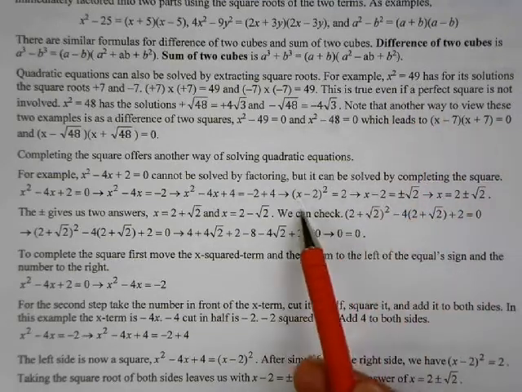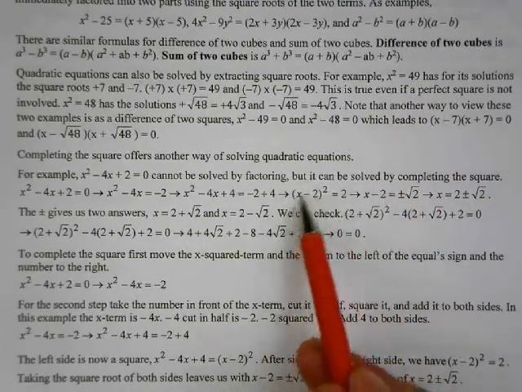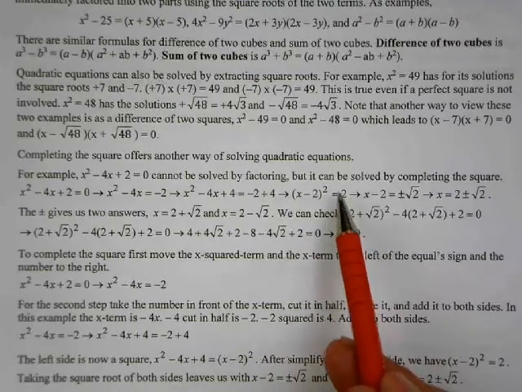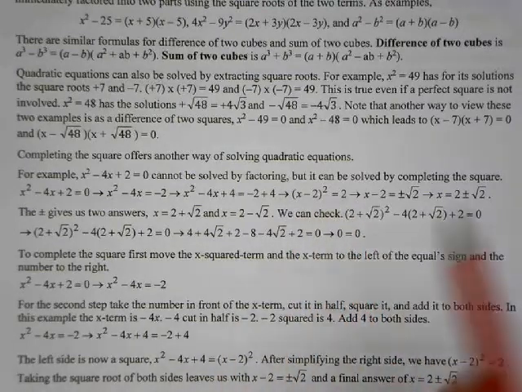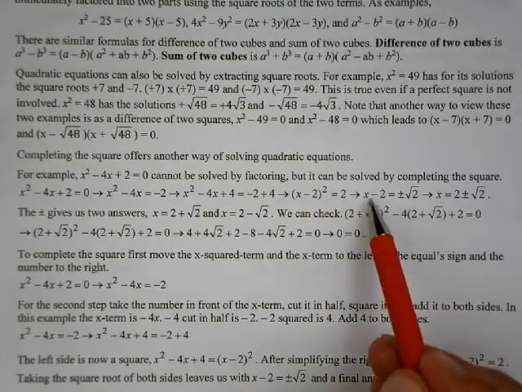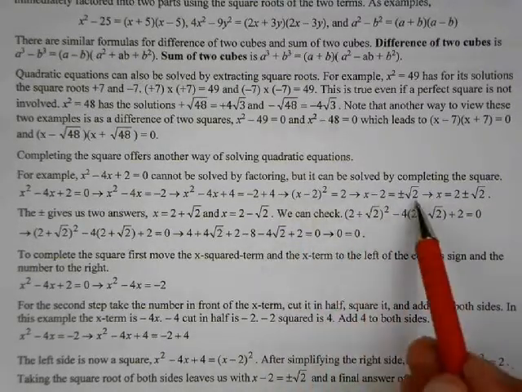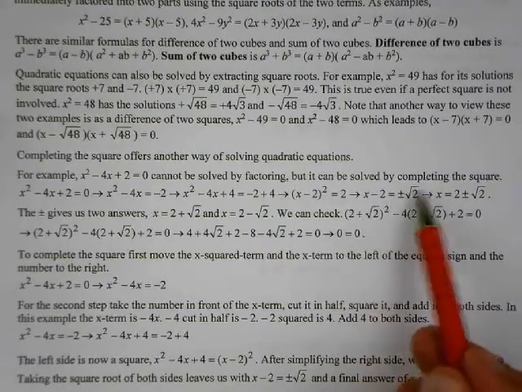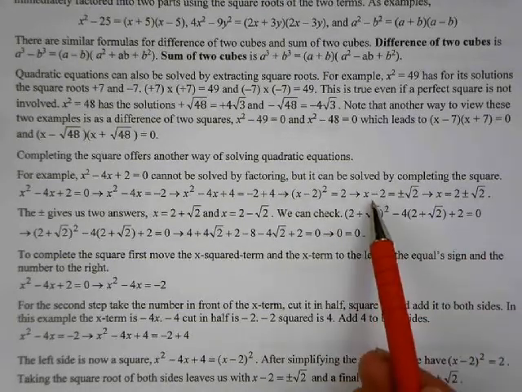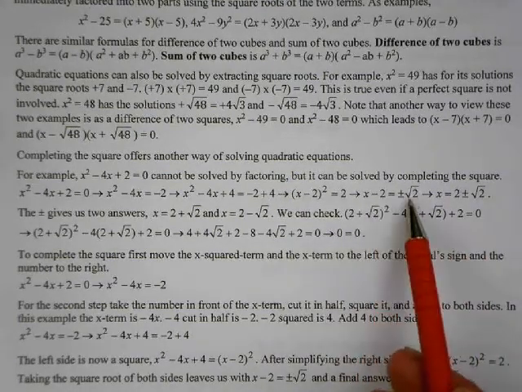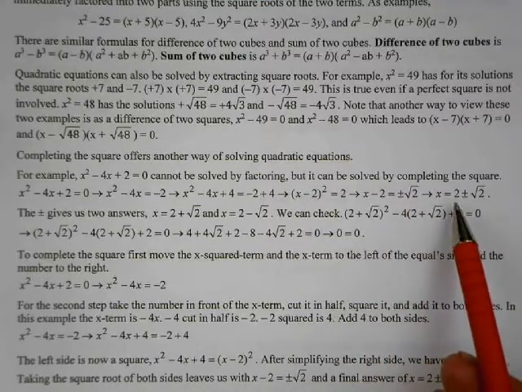Yes, it's x minus 2 quantity squared equals 2, but it's a similar form. I can take the square root of both sides. So on the left, it's just x minus 2, whatever is inside the parentheses. On the right, plus or minus square root of 2. And then all I need to do is move the negative 2 to the other side. And so x is 2 plus or minus square root of 2.